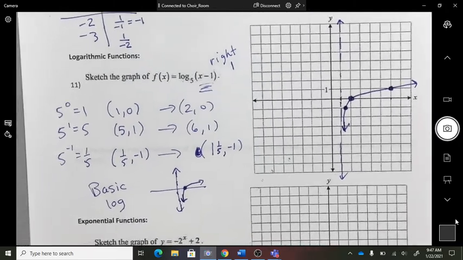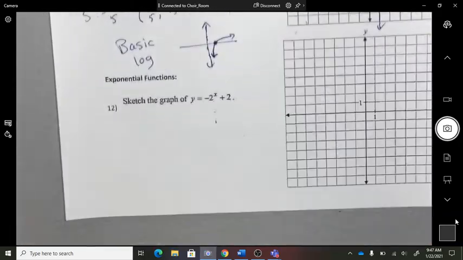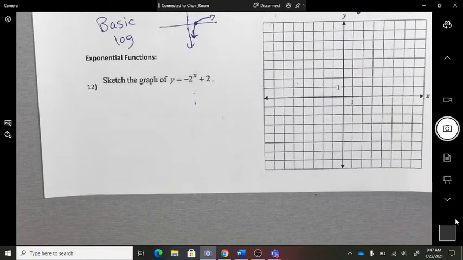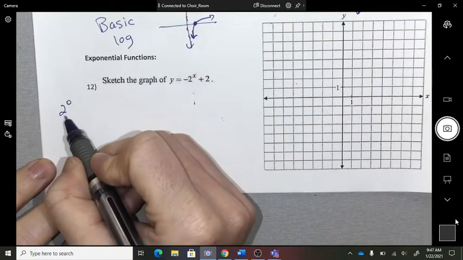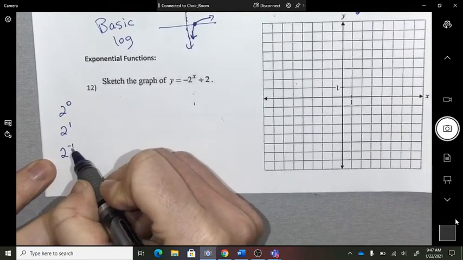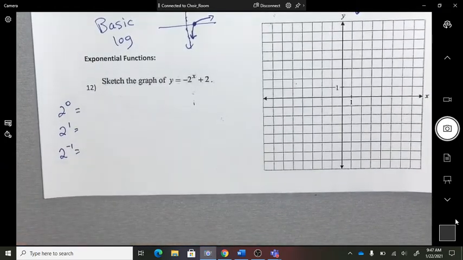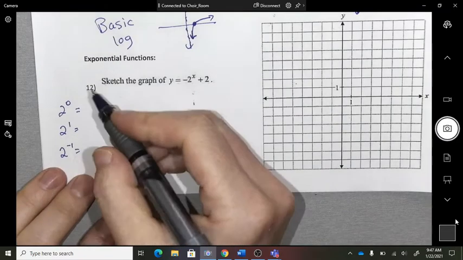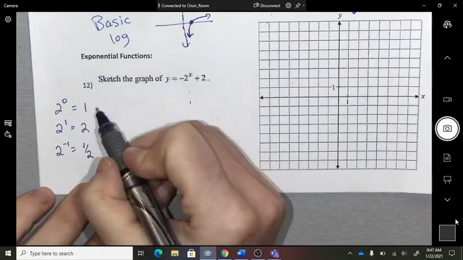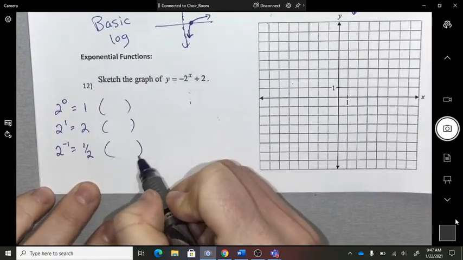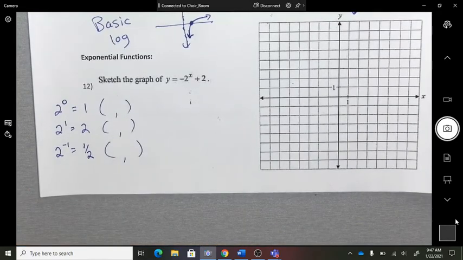Okay, exponential. So let's create some points with the base of 2. So the base is 2. So using a base of 2, I use those 3 things as my points.